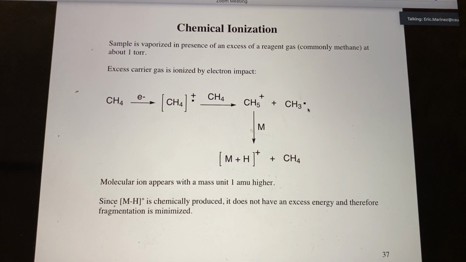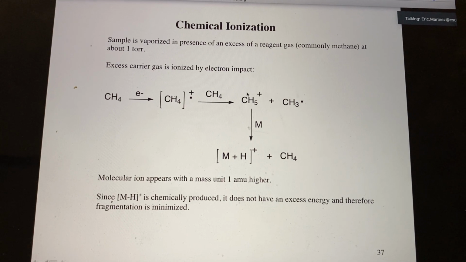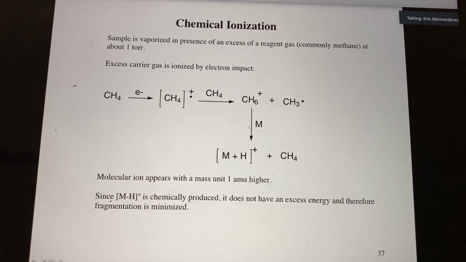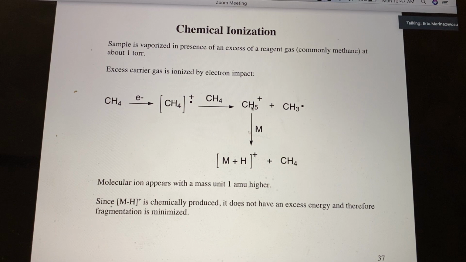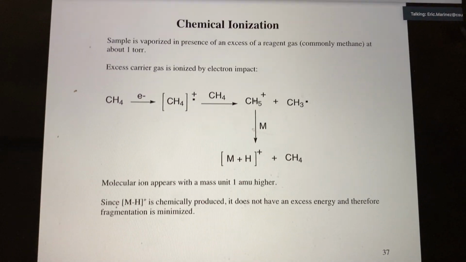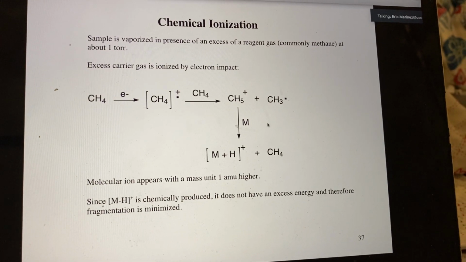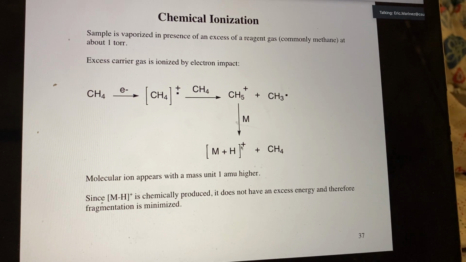Okay, so CH5 plus is interesting. At that point, it's highly unstable, and that hydrogen is very labile. We'll transfer it to the molecule you're interested in, and you'll see your molecule become ionized through these chemical means and have an M plus H peak.